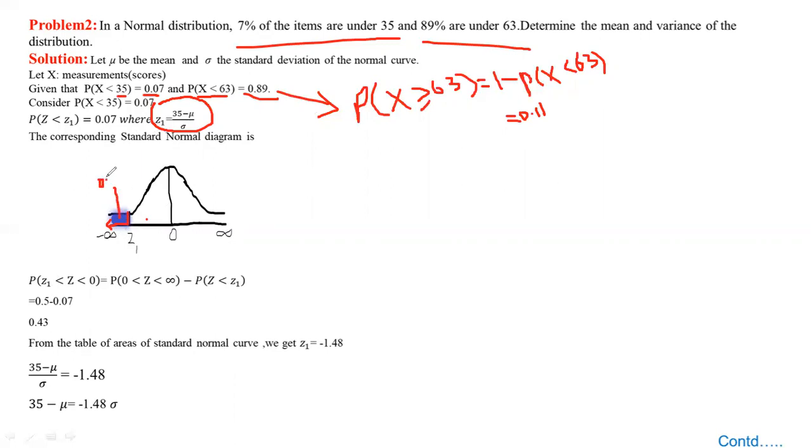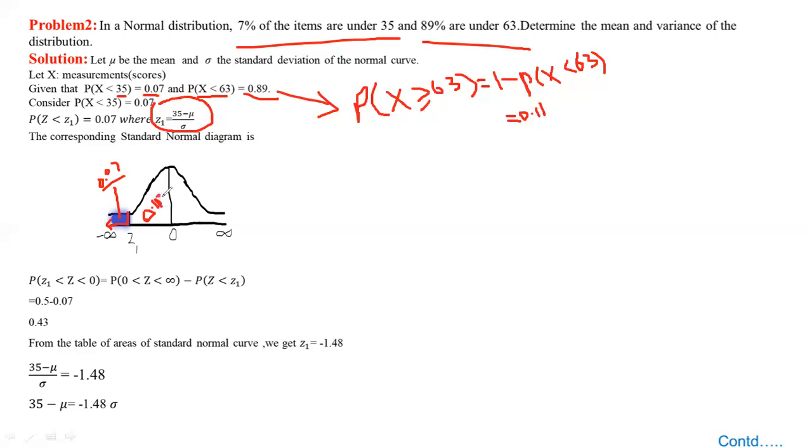So this is 0.07. We know that the area under the curve on the left side of the mean line is 0.5. So out of 0.5, 7% of items is here. The remaining 0.43, that is nothing but 43% of items, is here.